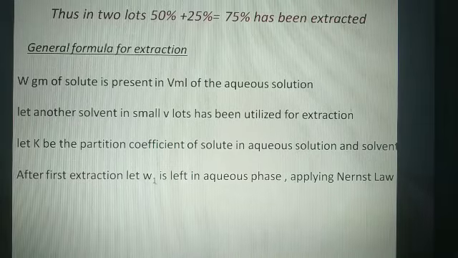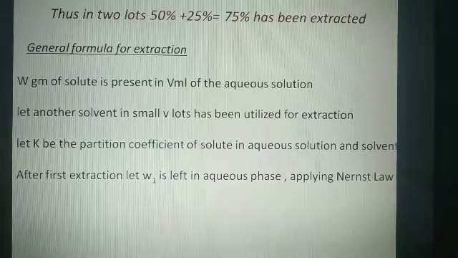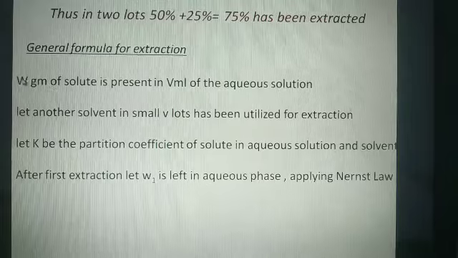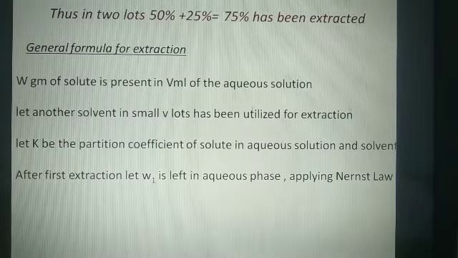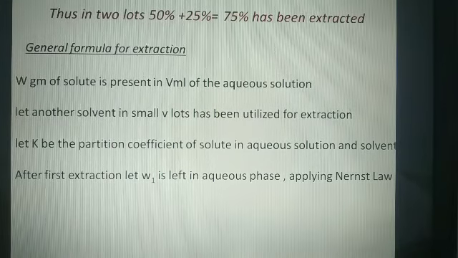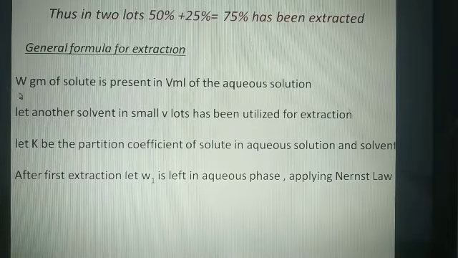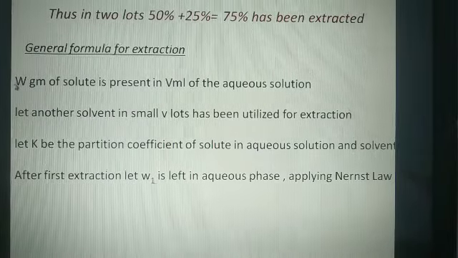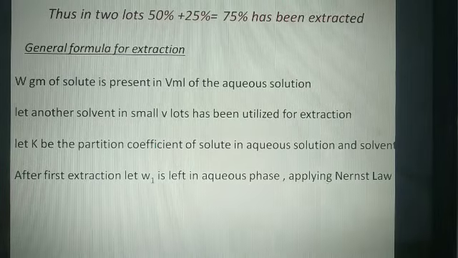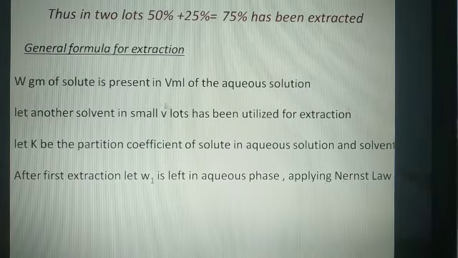We will use the way of how much amount of the solute is left in the solvent. In the upper calculations we supposed how much solute passed into the extracting solvent. In this one we will check how much solute is left in the solution which is already present in the solvent.